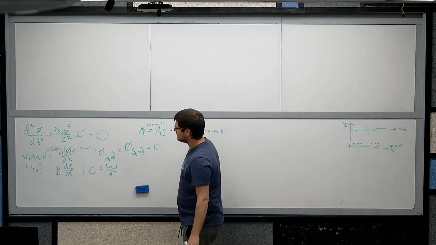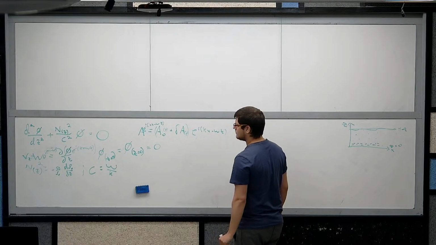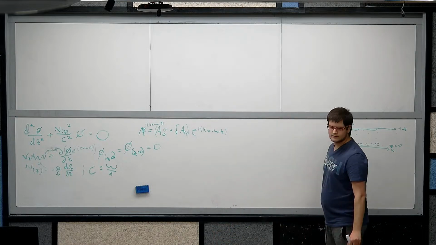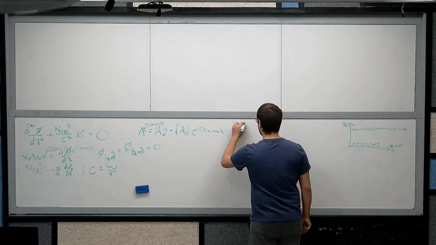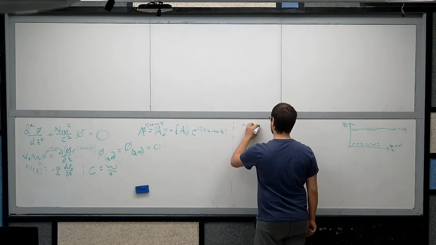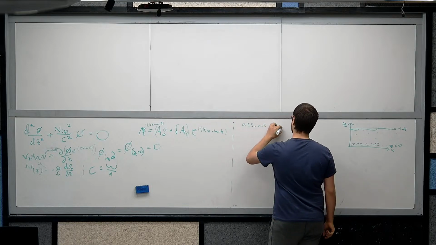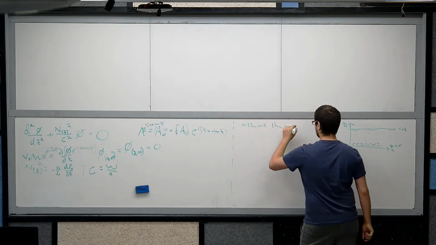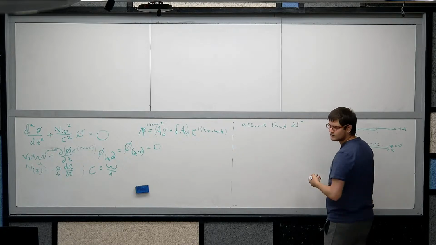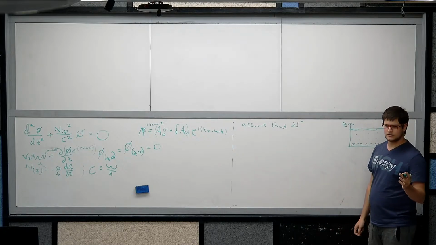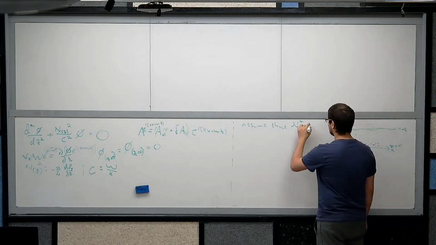Okay? And now what I'm saying is we assume that n squared is near a maxima. Let's call it n0.